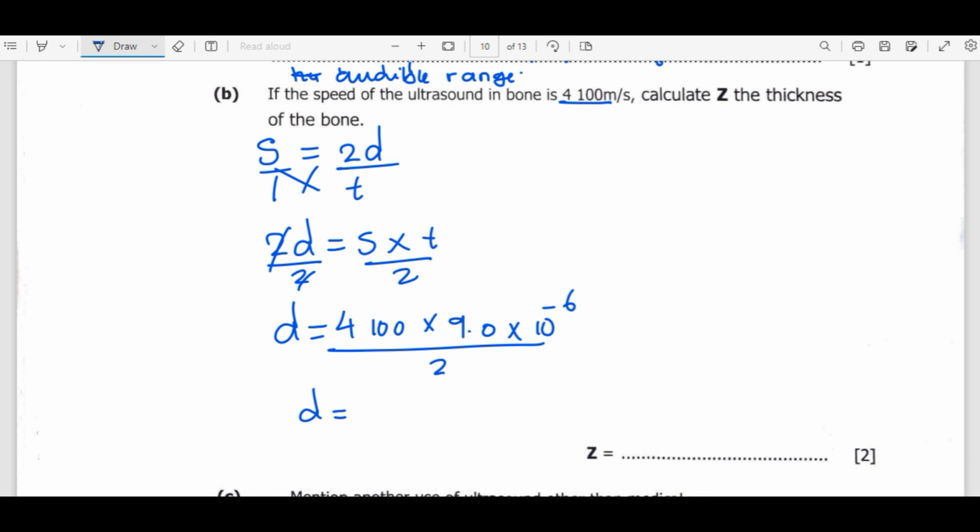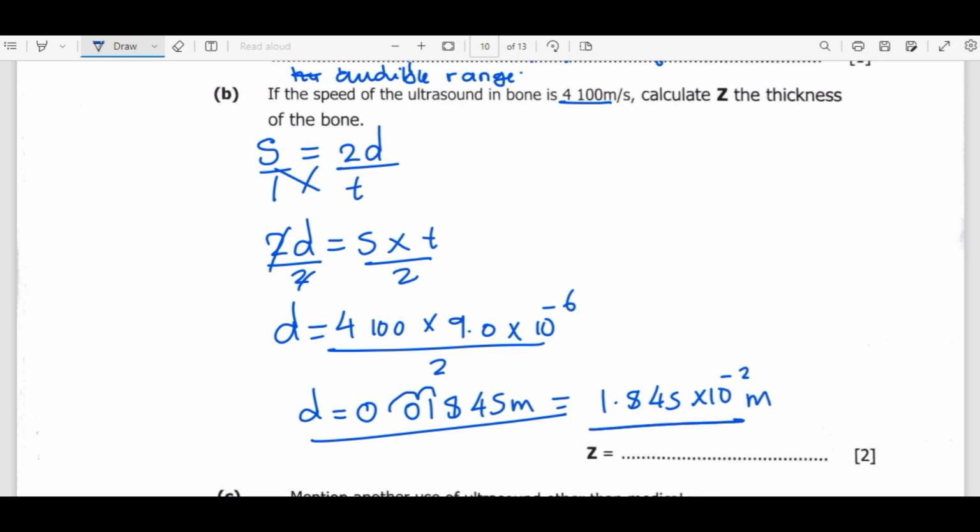So we can just do the math here: 4,100 times 9 times 10 to the power negative 6, then divided by 2. So I'm getting 0.01845 meters. If you want, we can write it as 1.845 times 10 to the power negative 2 meters.